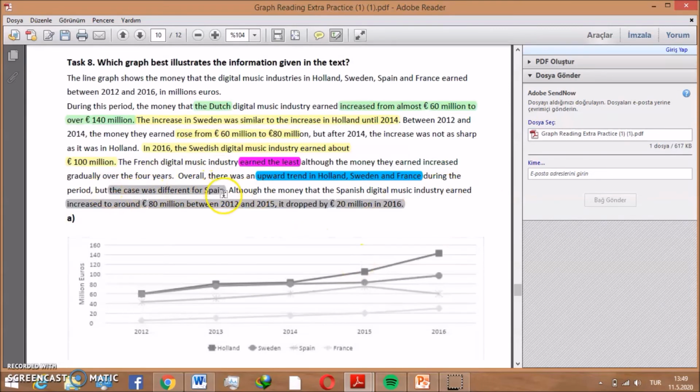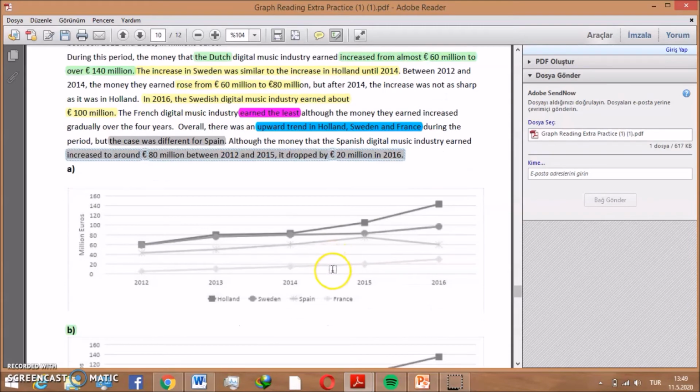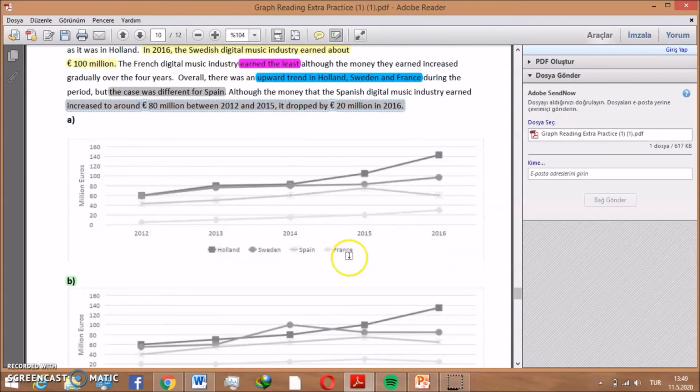The case was different for Spain. It means it decreased at some point. Although the money that the Spanish digital music industry earned increased to around 80 million, so between this and this, 2012, 2015, 80 million. Let's check. Spain is here. 2012, 2015, it increased to 80.